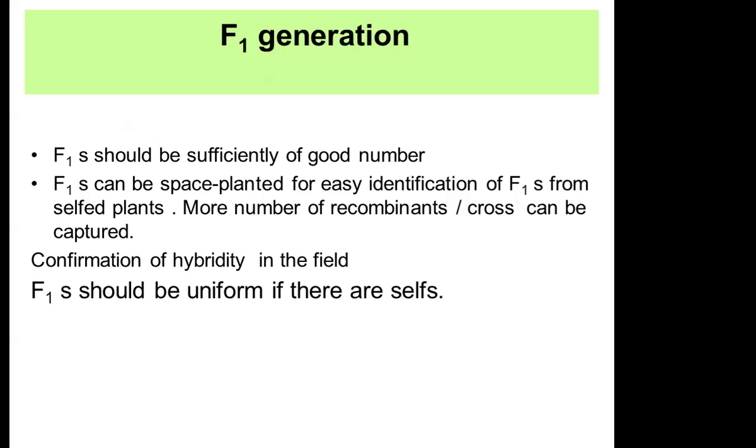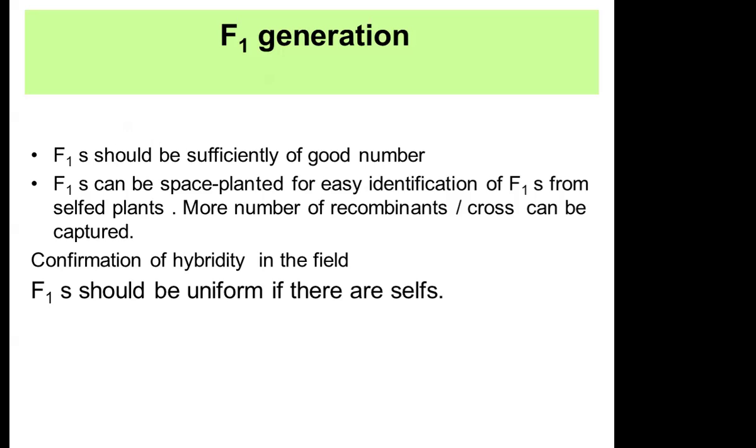We have to identify F1s in the field at different stages. We have to observe F1s and identify them. Even at the time of harvest, we have to look again keenly. We should not harvest as in the yield trials. We have to take care, and each plant we have to see whether it is F1. If it is F1, it is okay.